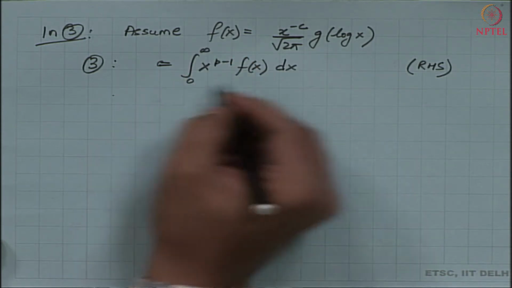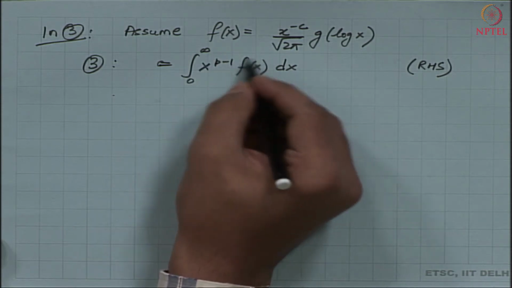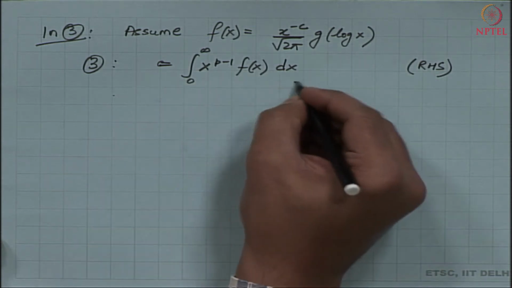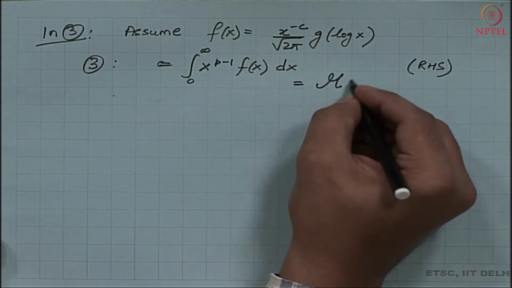Now, notice that this is an integral purely for the function f of x with respect to the variable x. I am now going to define this integral as my Mellin transform of f.